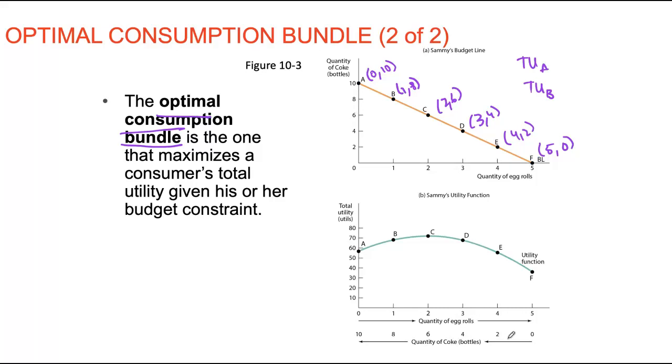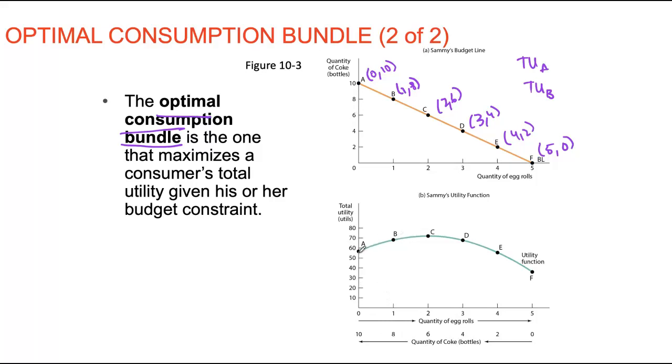Likewise, as you consume more and more Coke, so you move from bundle F towards bundle A, again it's not rising at a constant rate because now diminishing returns for Coke set in. As you consume more and more Coke, there's downward pressure on total utility for each consumption bundle because of higher consumption levels of Coke, because each additional unit of Coke consumed gives you less utility than the previous unit of Coke.